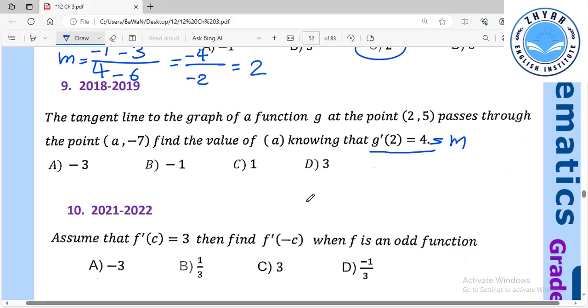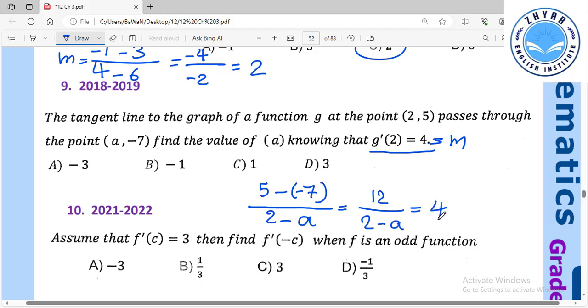Then, based on that, we can find A. The rule of slope is y2 minus y1, over x2 minus x1. Simplifying, this is 5 plus 7, that's 12, over 2 minus A. This slope is equal to 4.